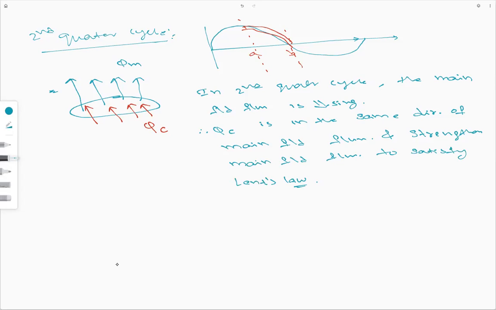Therefore, counter flux is in the same direction as the main field flux and strengthens the main field flux to satisfy Lenz's law.